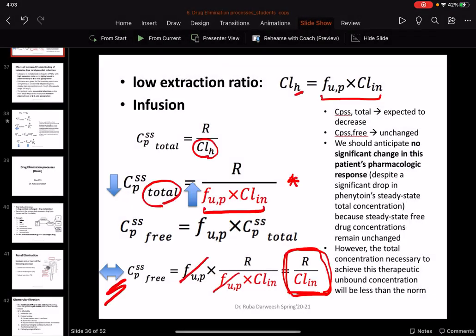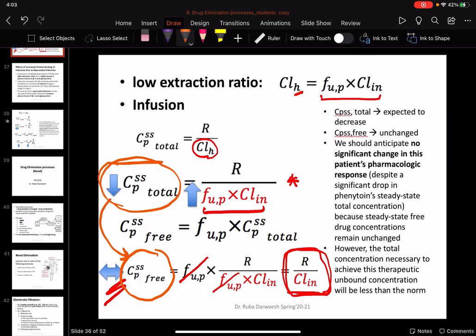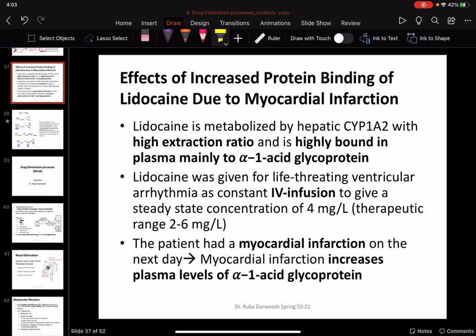Accordingly, you are expecting the total concentration you measure to be less than anticipated because of the renal failure, but even though the measured concentration is less, the pharmacological action is not affected. This is what I'm telling you here: we have no significant change in the patient's pharmacological response despite the decrease in the total steady state concentration that we are measuring.